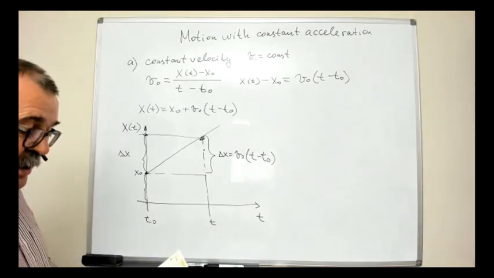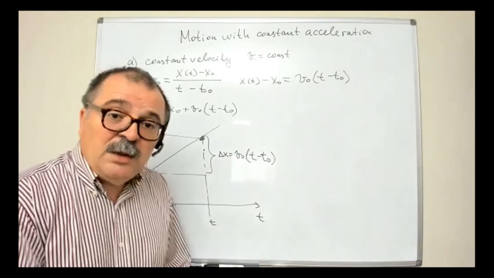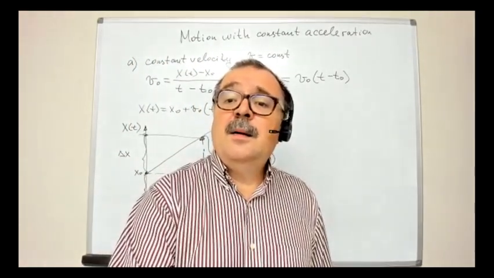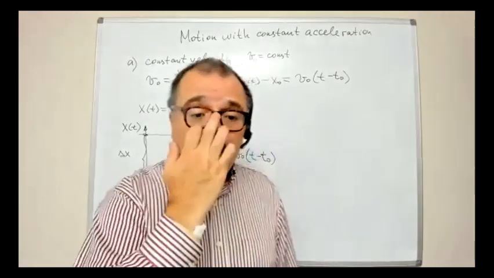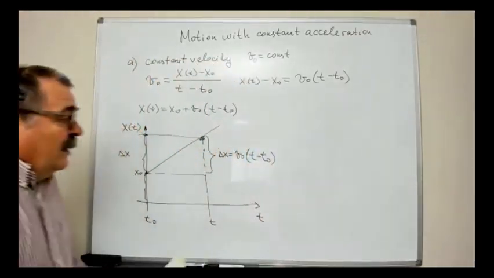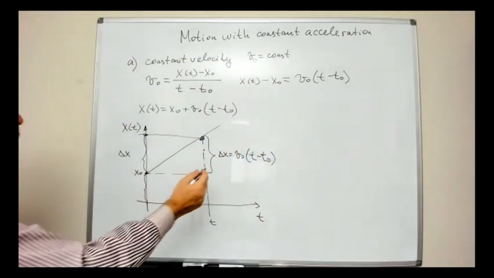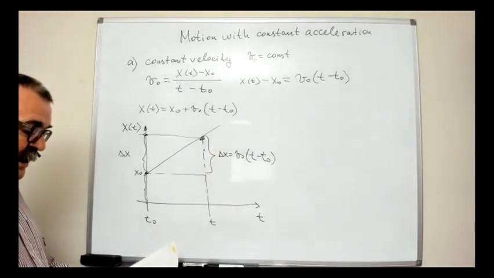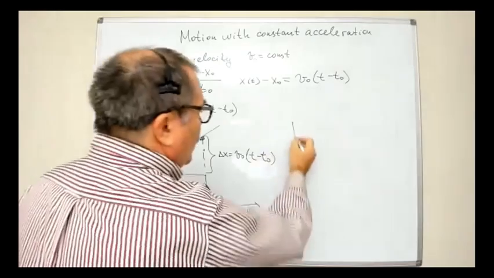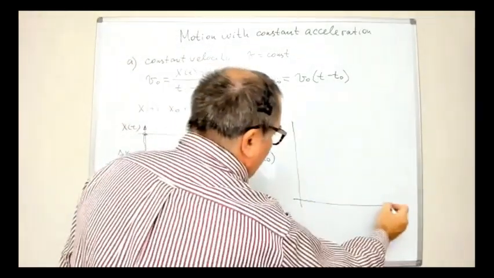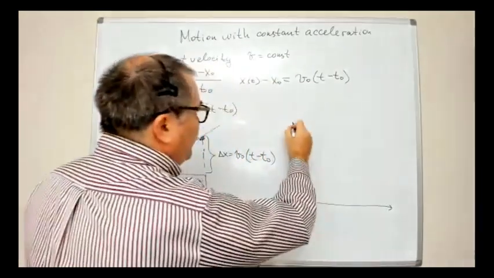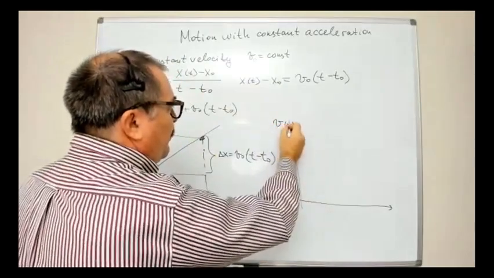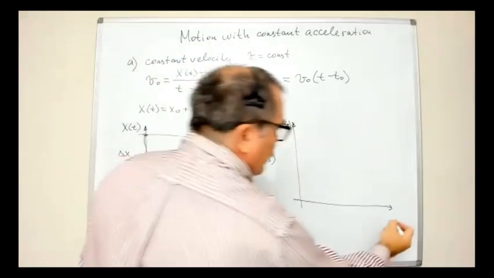All right, so now let me draw another plot. Another plot I would like to present here is the dependence of the velocity as a function of time, velocity versus time.